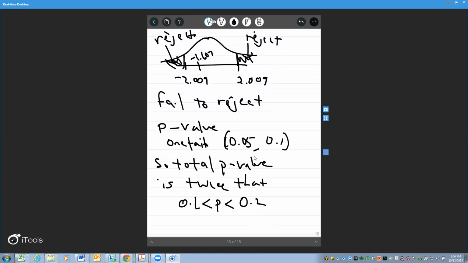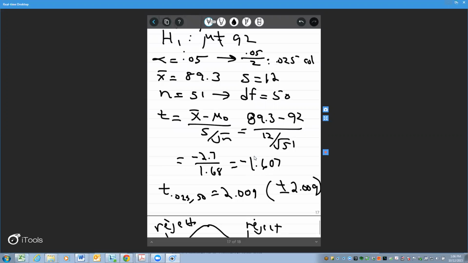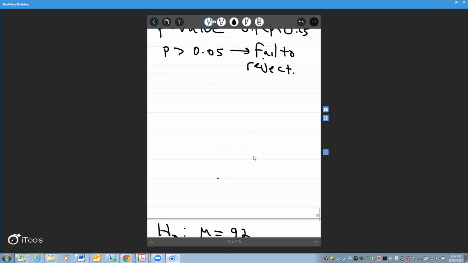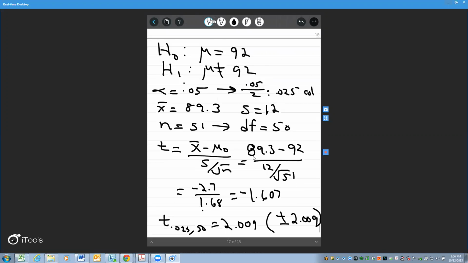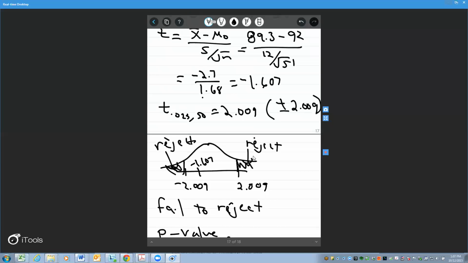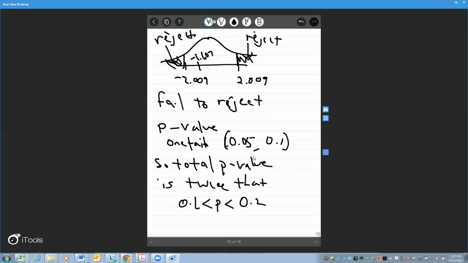In a one-sided test, I just have to come up with an interval based off of this one value, because all of the error is shoved to one side. In a two-sided test, because the error can happen on either side, I have to take that p information I get from the table and double it to get the p-value associated with the test. Again, because p is greater than 0.05, we will again fail to reject the null hypothesis.